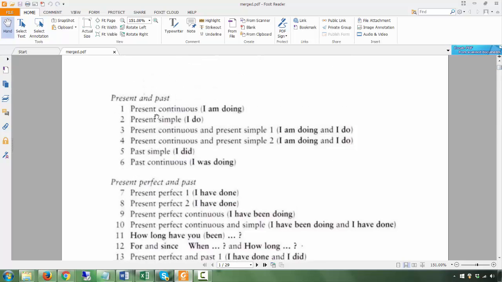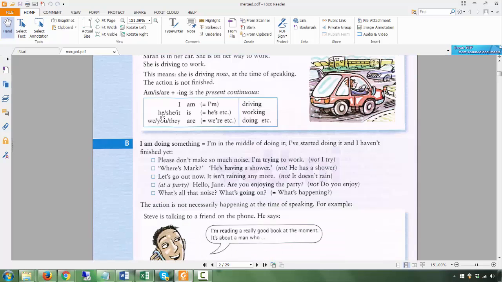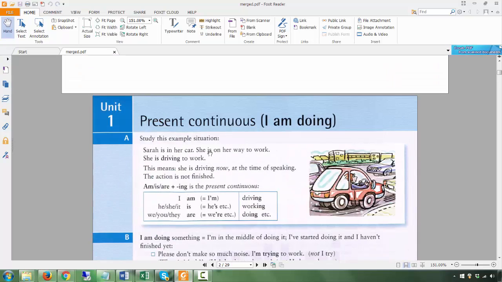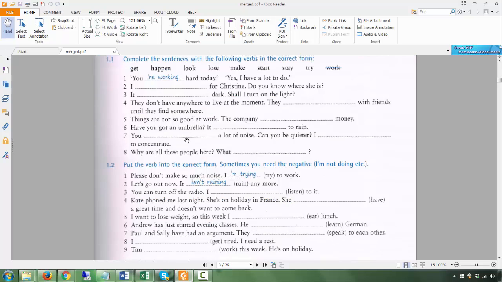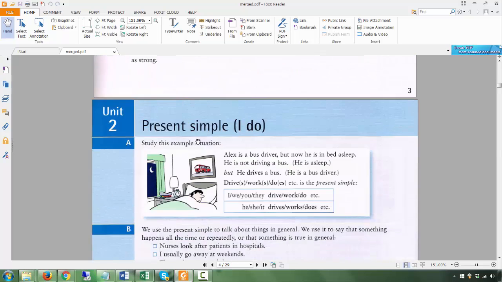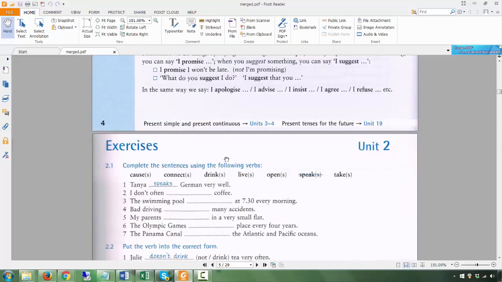Then you start with the first chapter, present continuous. It starts with instructions about this tense, basically explaining this tense to you and how to use this tense, and then the next page will be exercises for you to do, and then it goes again, details about this tense, and then exercises.